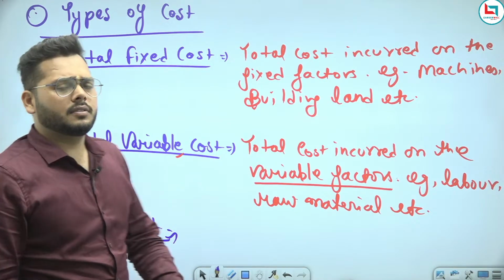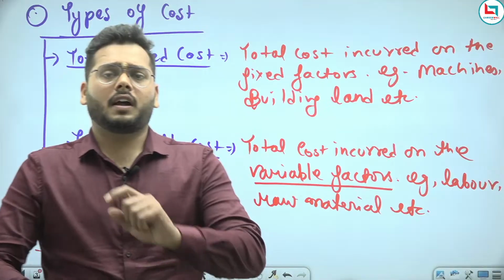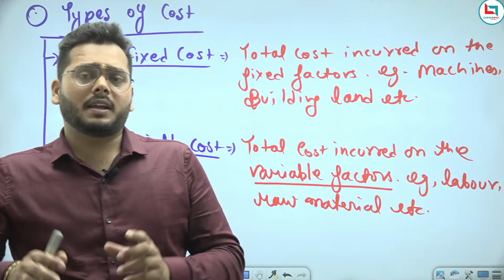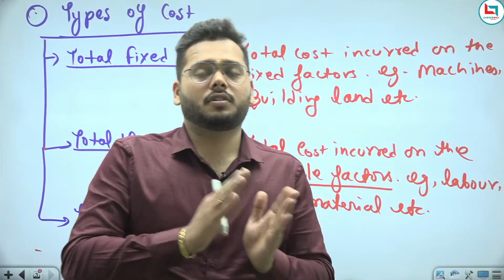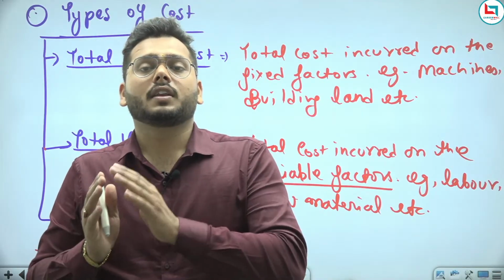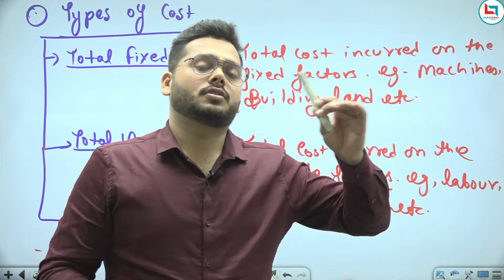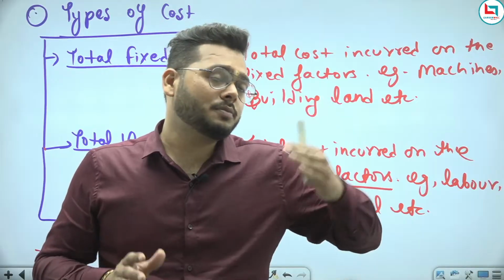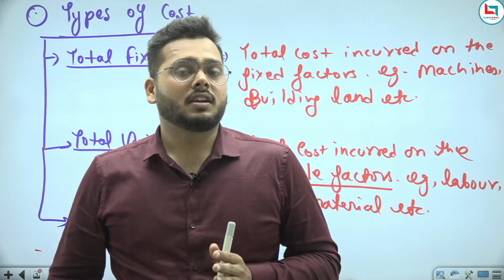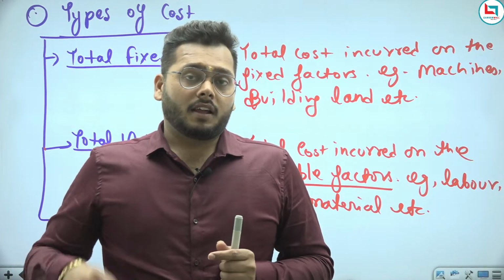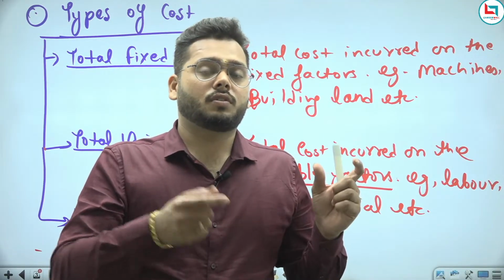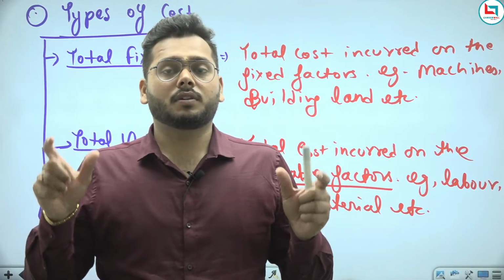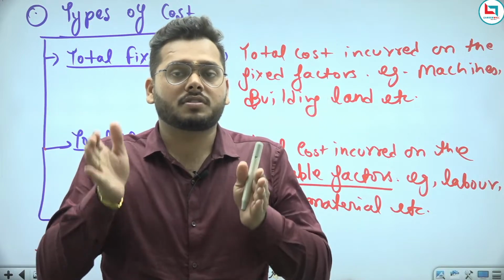So you have purchased machinery. Now you have hired labor. By the mix of a fixed factor and a variable factor, combining these two factors, it is possible to produce any goods and services. It means what? Cost incurred on the fixed factors is fixed cost. Cost incurred on the variable factor is variable cost. Now you are combining fixed cost and variable cost.